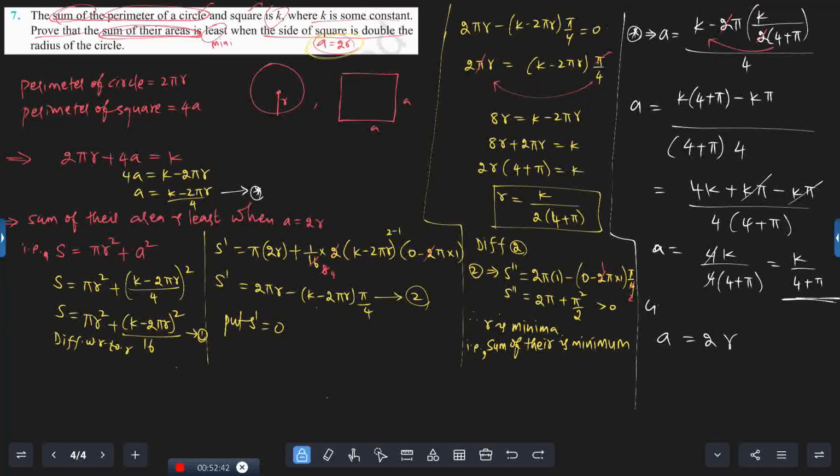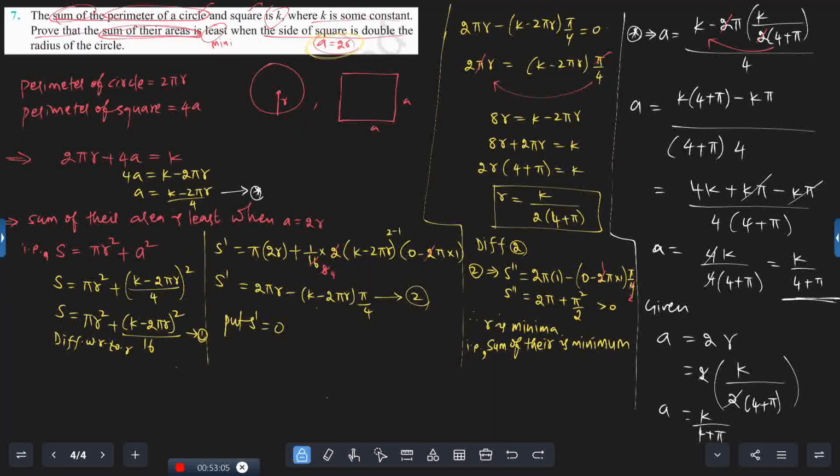This is what we have to prove. Check once again. Here we have the R value: K divided by 2 times 4 plus pi. 2 will cancel, K divided by 4 plus pi. This is A. Surely we are getting this satisfied.